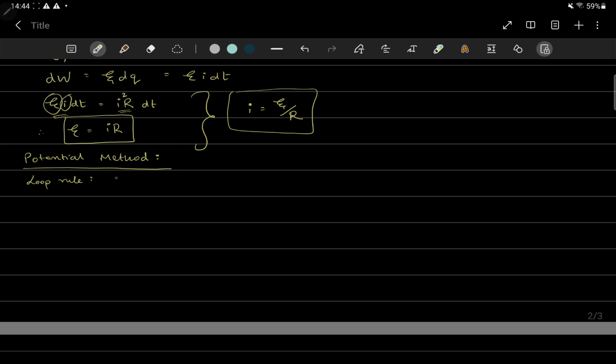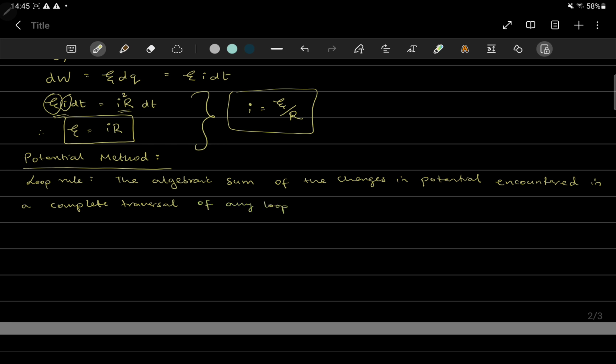It states that the algebraic sum of the changes in potential encountered in a complete traversal of any loop of a circuit must be 0.